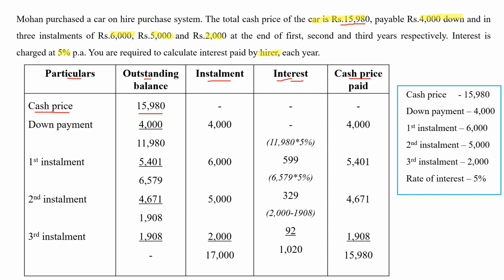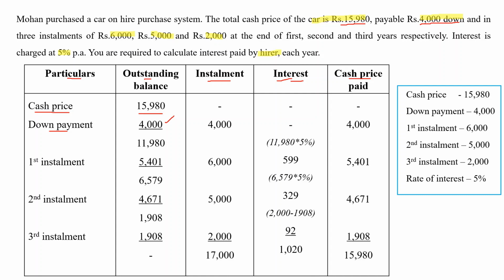Okay. When is the first payment made? The first payment is the down payment. Soon after signing the agreement, the payment that is made by the buyer to the seller is the down payment. So for the first payment, down payment, I am writing it in the particulars column and writing 4,000 rupees in the outstanding balance column. 15,980 was outstanding, out of which 4,000 was paid by the buyer.